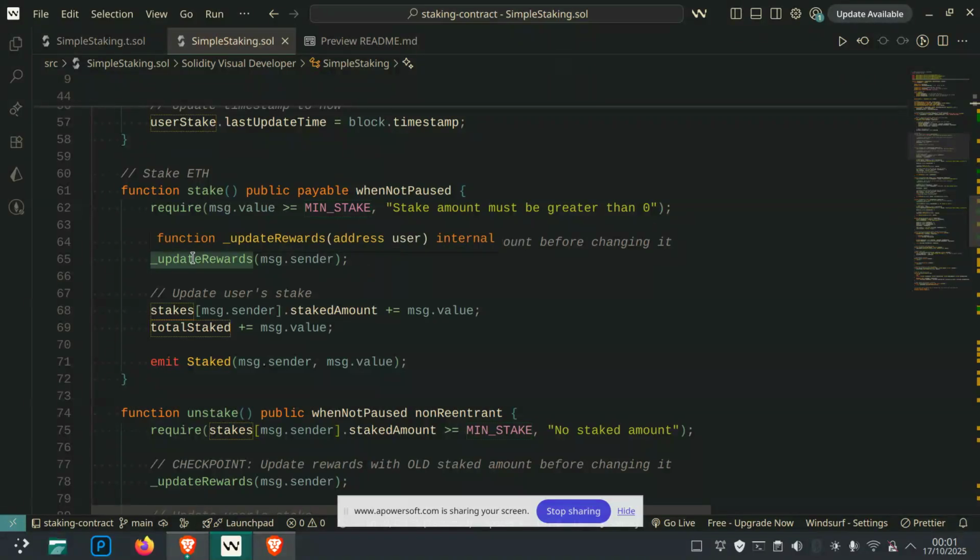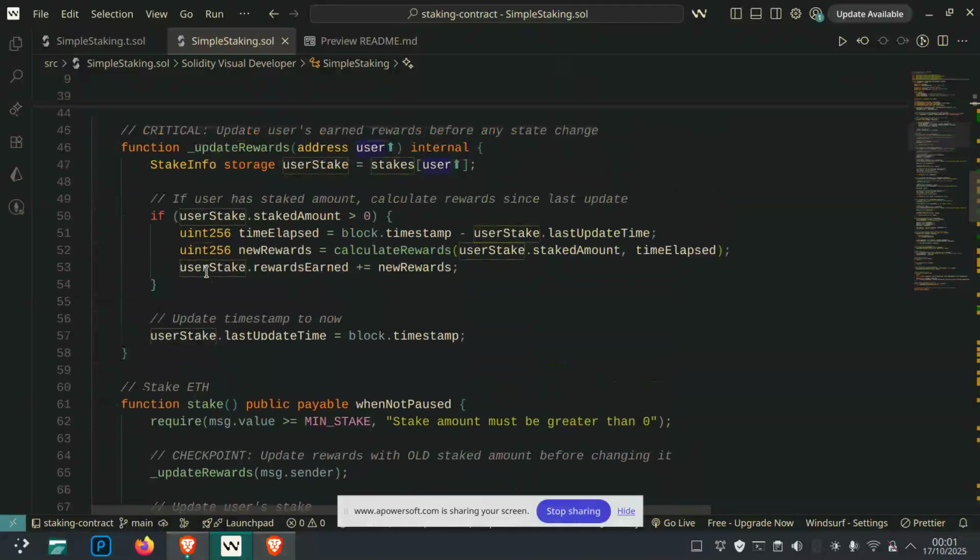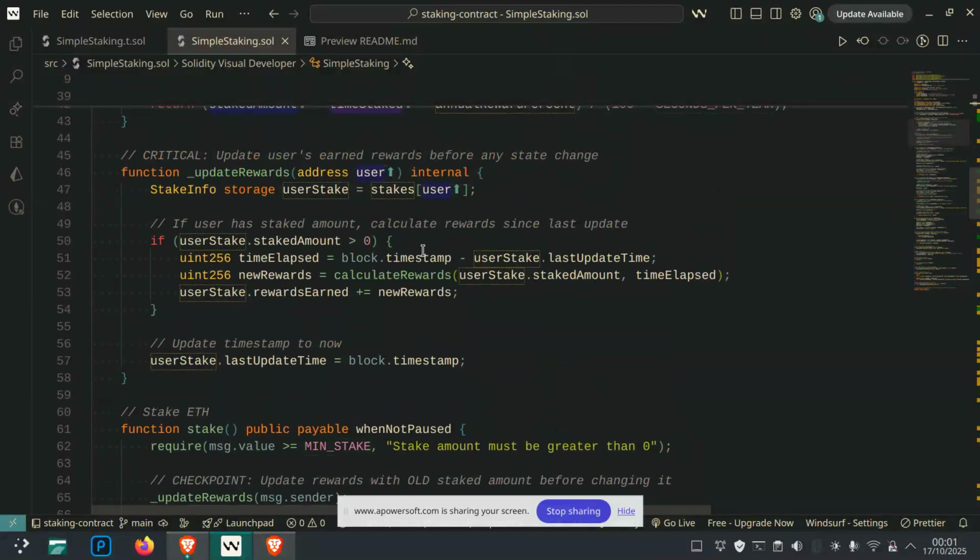We get the checkpoint, we update rewards. Right now we don't have anything, but the next time, let's say the user wants to stake, like they staked once, after some time they stake again because they get more money, they want to earn more rewards, etc. So the update rewards function is called, we just talked about it.